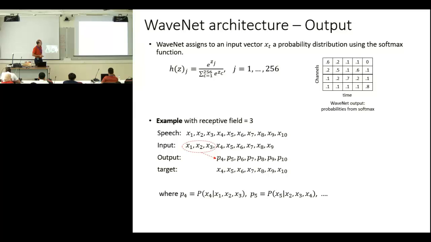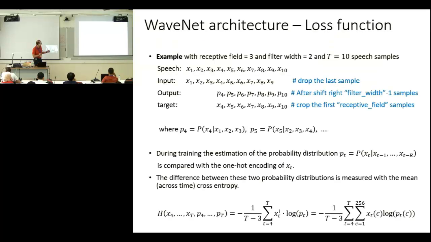In the original formulation, we should have also included here the X1 sample, but for practical reasons, we have a receptive field and we neglect all the samples which are outside this receptive field. The receptive field is defined by the dilated convolutions, by how many dilated convolutions we have and how long each one is.